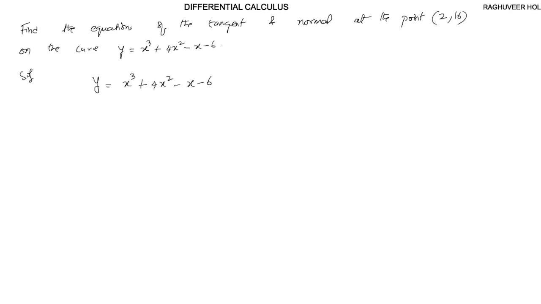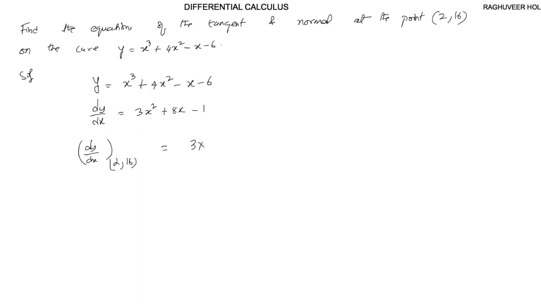Let us solve this. So y is equal to x cube plus 4x square minus x minus 6. Now dy by dx will be 3x square plus 8x minus 1.